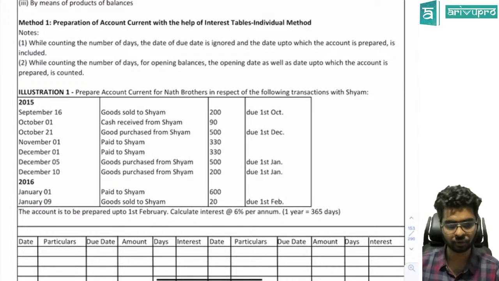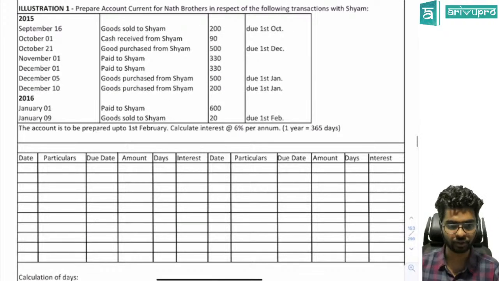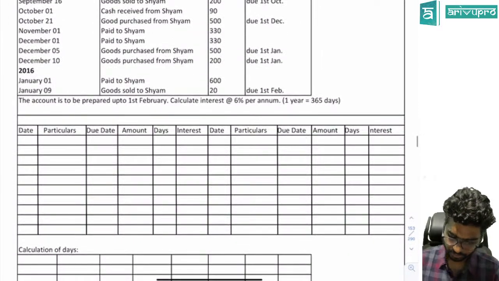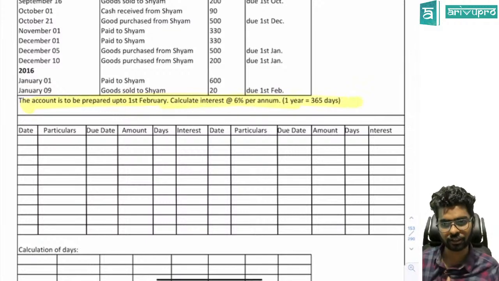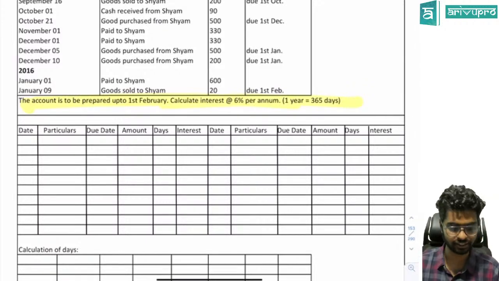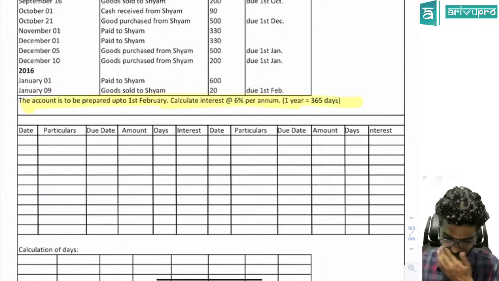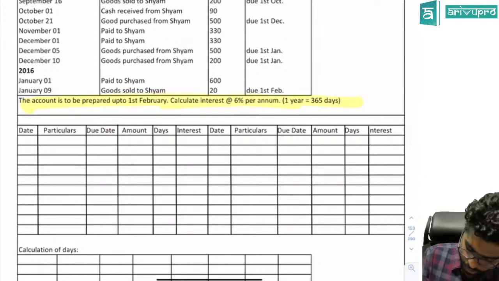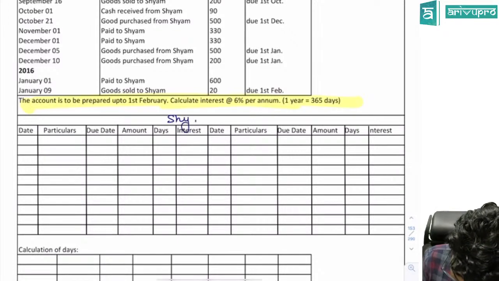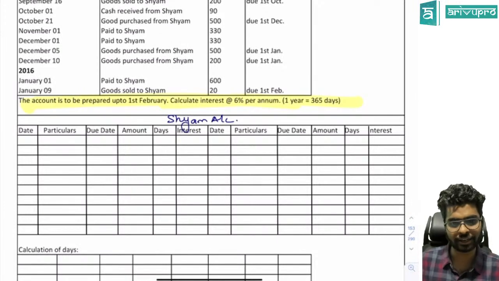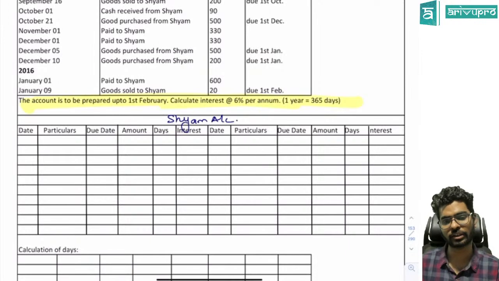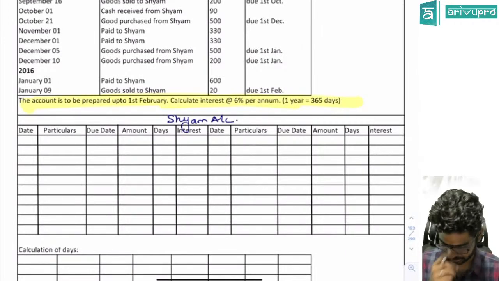Done. Now let us try understanding how does it go. The account is prepared up to 1st Feb. Calculate interest on it. They want you to take it at 365 days per annum. Now let's say I'm trying to do Sham account, and let us try understanding how does this entire thing work, so that it becomes easier for us in terms of the calculation of interest or payment of interest.